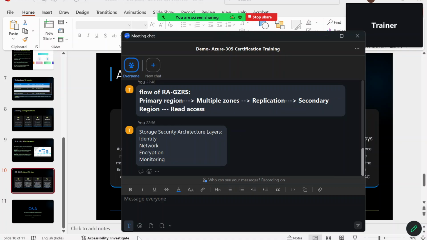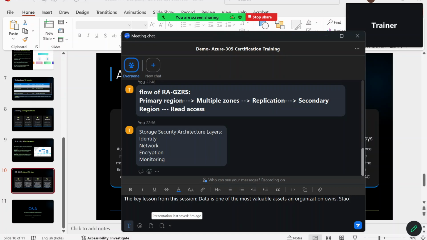Okay, so let me write here in the chat. The key lesson from this session is: data is one of the most valuable assets an organization owns.